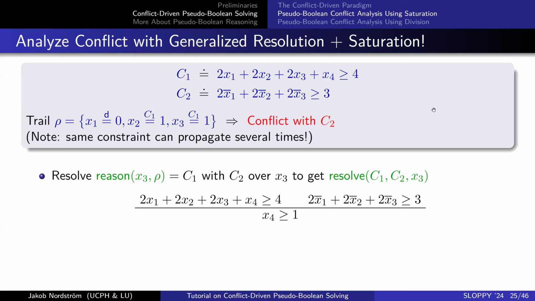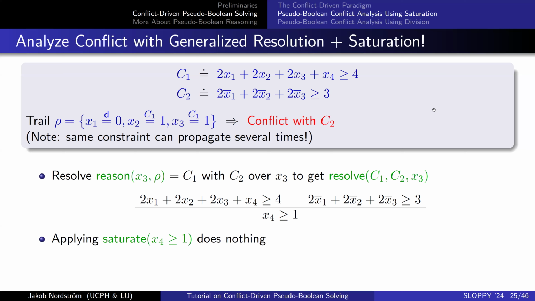What is our invariant that we want to maintain? Well, basically, we have the assignment x1 false, x2, x3 true. We're going to resolve, we're going to trim x3, and we want the constraint that is violated by the rest of the assignment. Okay, but whatever is the reason for this conflict, it's not x4 because x4 hasn't even been assigned.